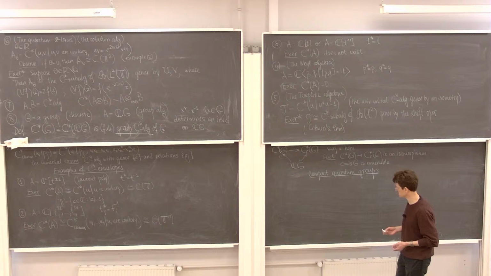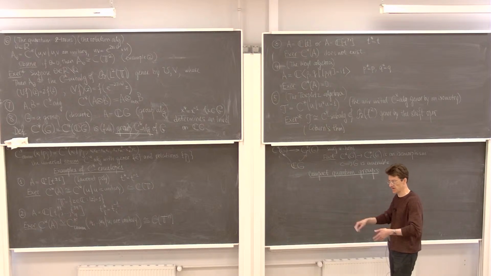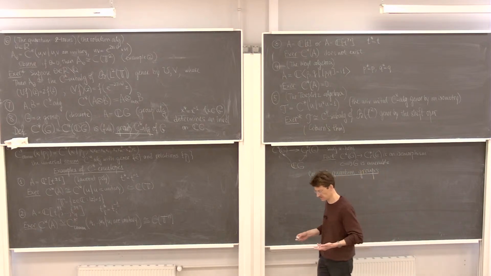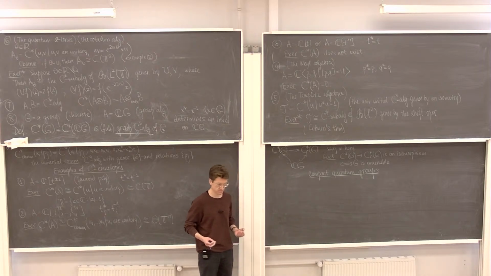To identify this extra structure, let's first look at the definition of a group, and let's try to dualize this definition, that is, translate it into the language of algebras.